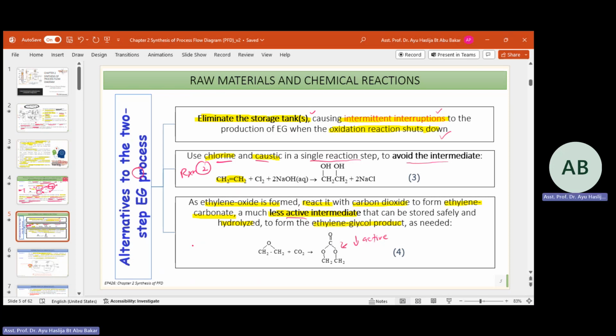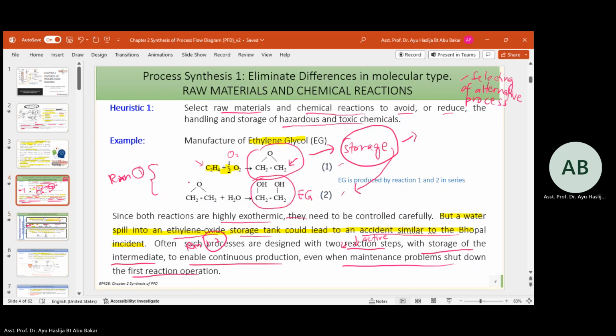This continues from reaction 1 just now. The intermediate reacts with water, H2O, to form EG.